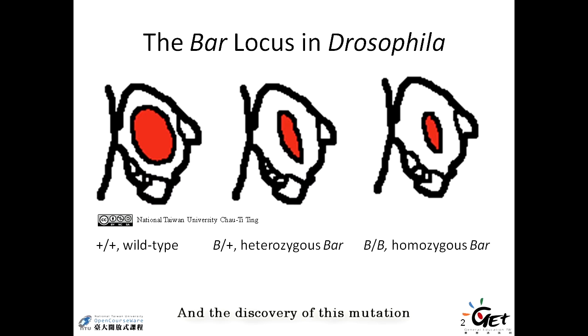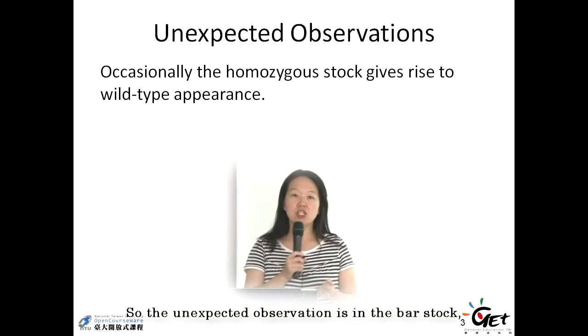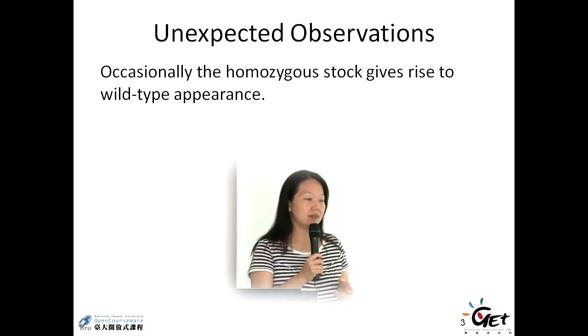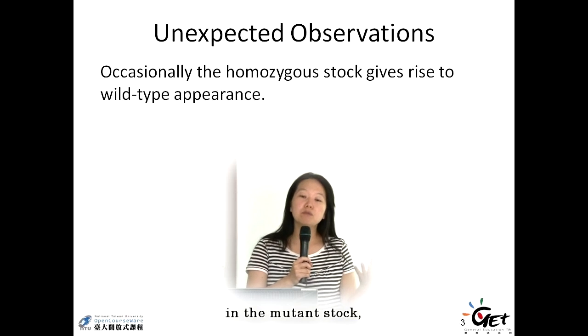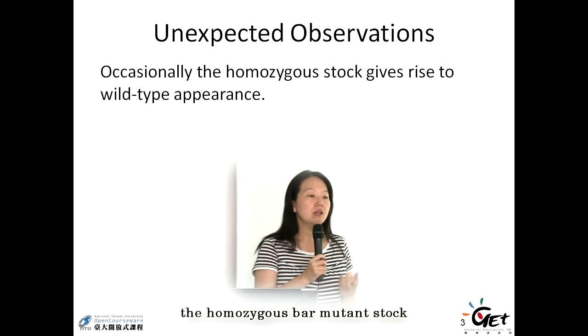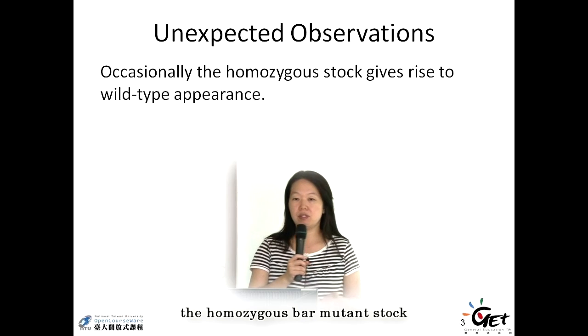The discovery of this mutation was not very surprising because it's a mutation on the X chromosome. But what happened in the stock was really strange to most researchers at that time. The unexpected observation is in the bar stock, the homozygous bar mutant stock.